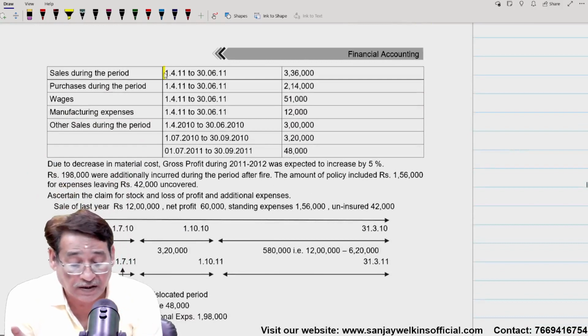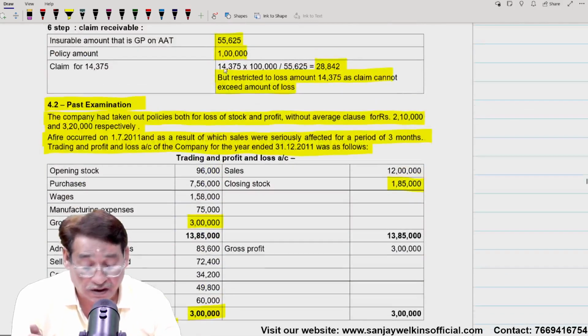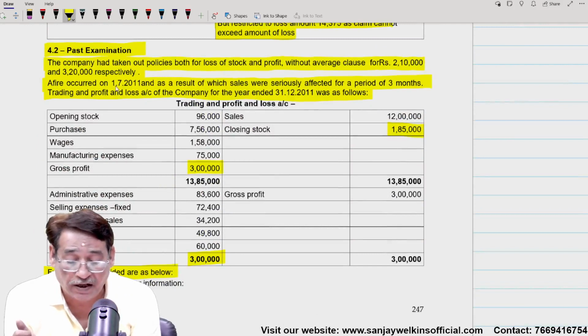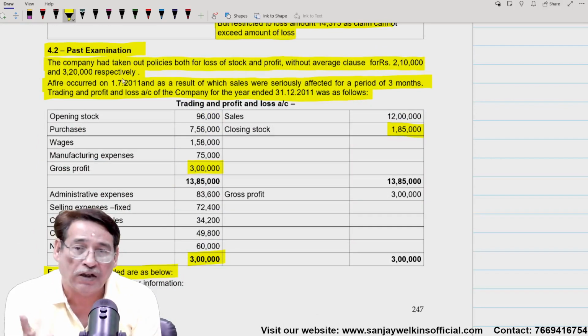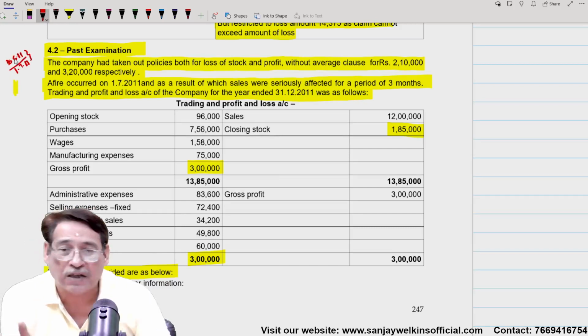It is given that sales from 1/4/2011 to 30th of June 2011. See here, it is clearly given in the question that a fire occurred on 1/7/2011. See, 1/7/2011 or 30th of June 2011 are one and same date.